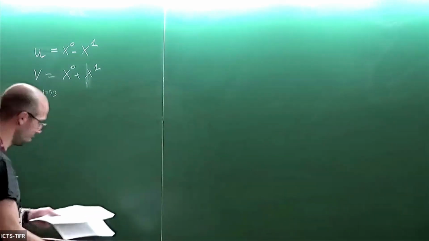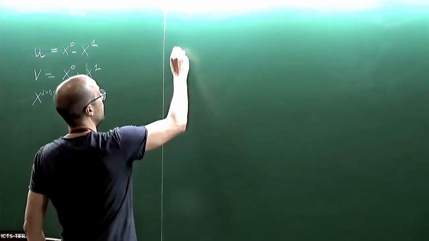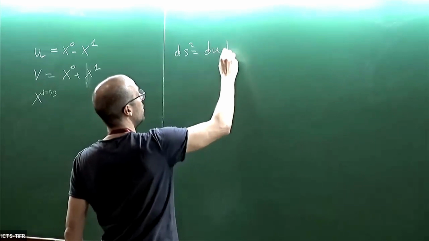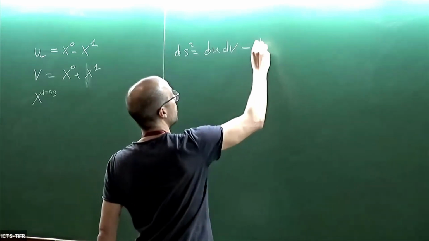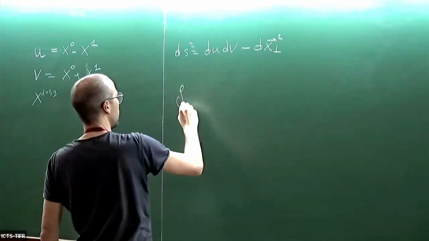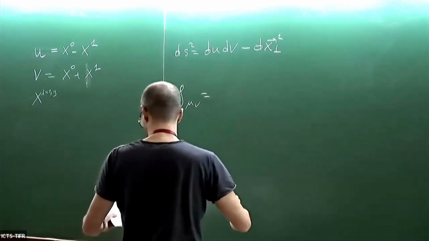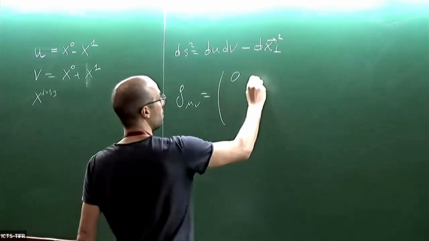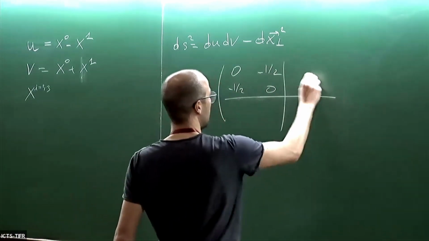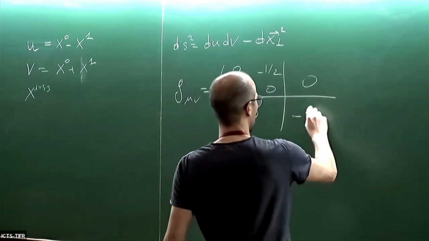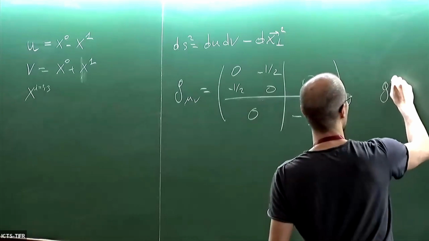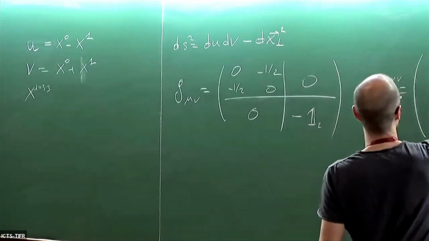So in this basis, the metric is just du dv minus the orthogonal directions. In particular, it takes the following form explicitly: 0, 1/2, 1/2, 0, minus the 2 by 2 identity.